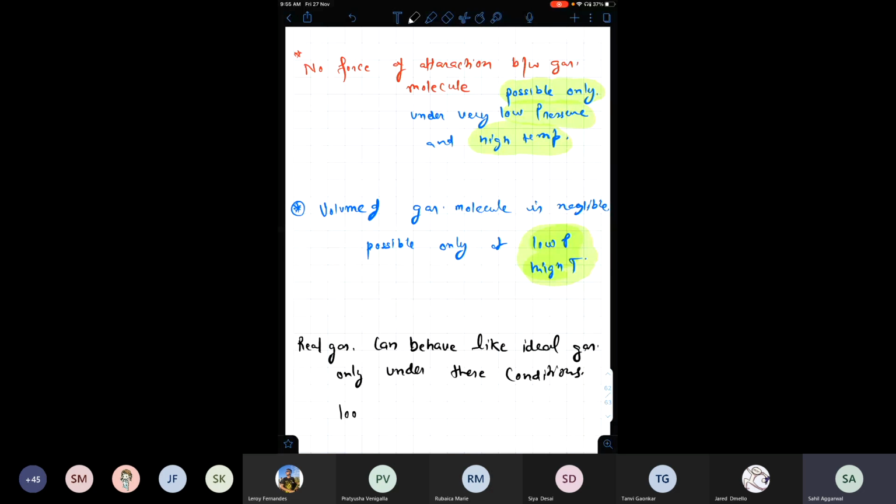Low pressure and high temperature. Any doubt till here?